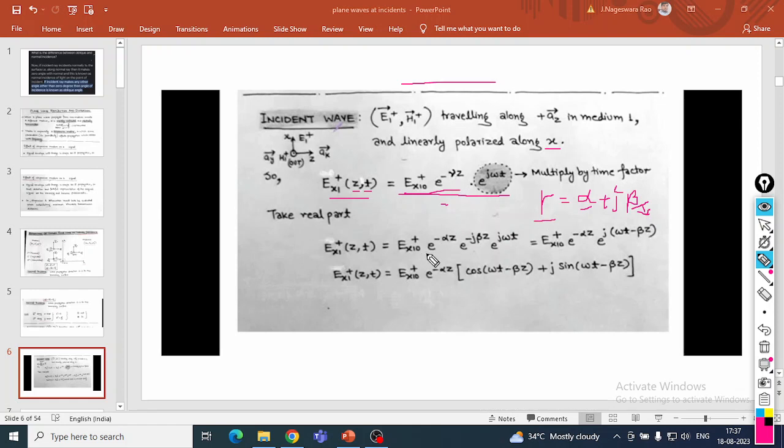Then we have this equation. Take the real and imaginary parts. This exponential term is represented in terms of cosine and sine terms. The equation looks like this, and we will observe the expansion in the next slide.